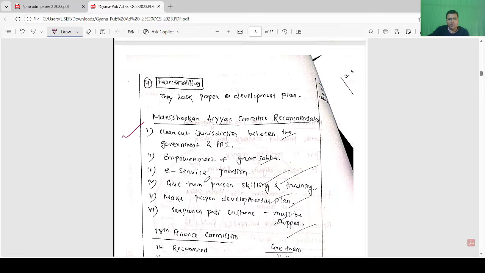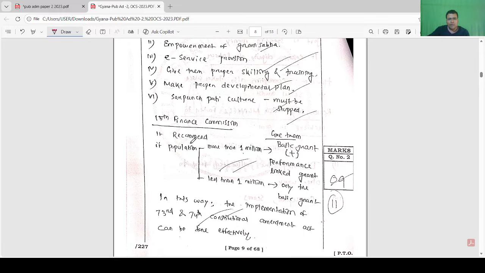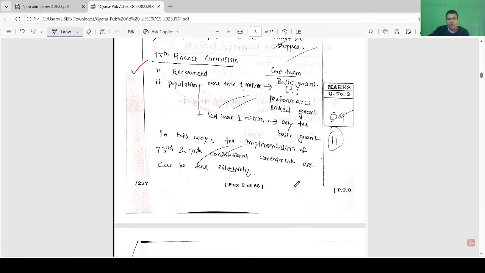Further he writes the Manishankar Aiyar committee's recommendation and 15th Finance Commission recommendation, but here I think he should add the Second ARC 6th report, because it recommends proper fiscal devolution, proper functional devolution, that recommendation of the state finance commission should be binding, and dedicated training to functionaries of local government. The Second ARC 6th report should be there.